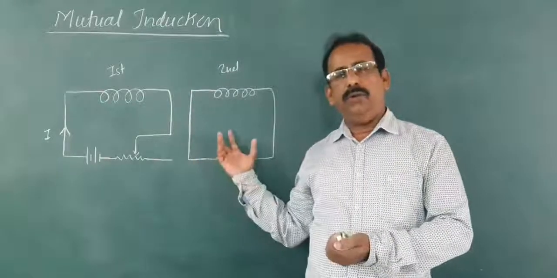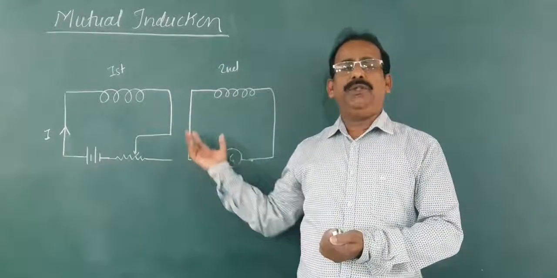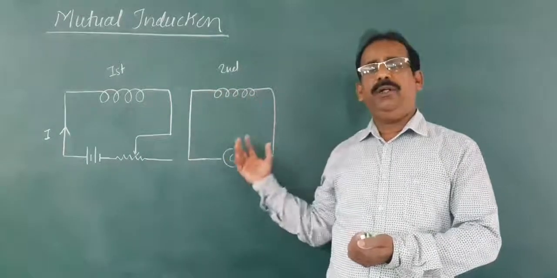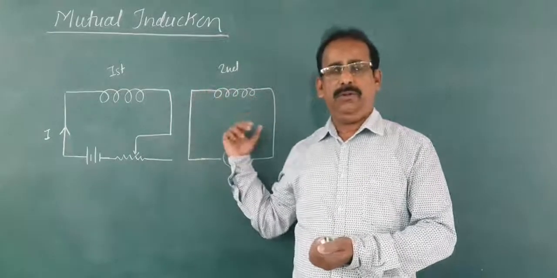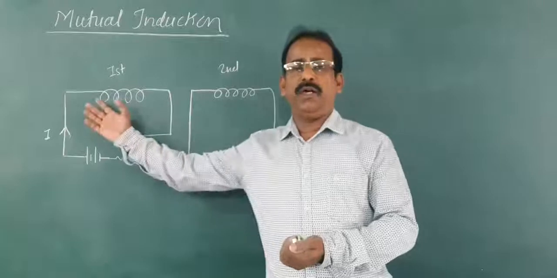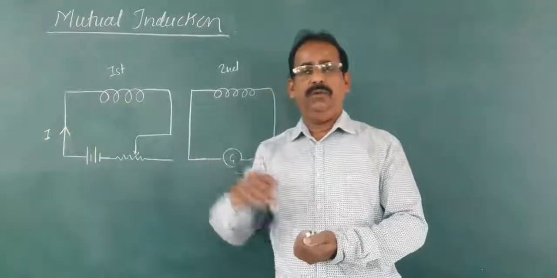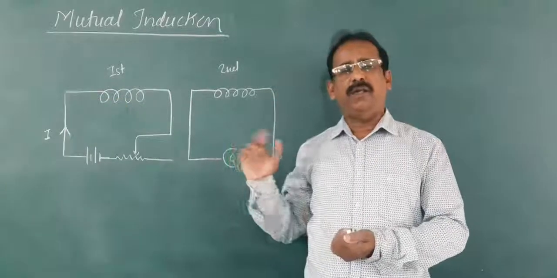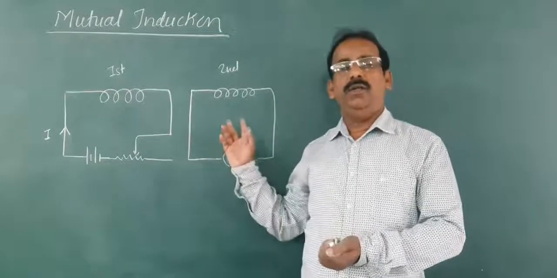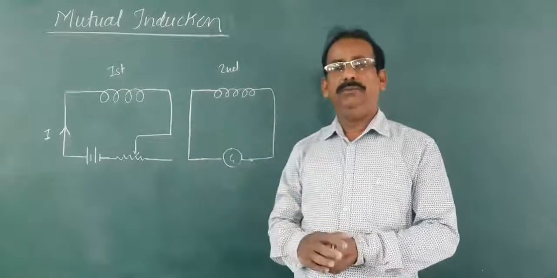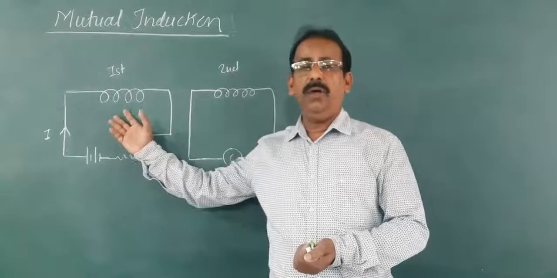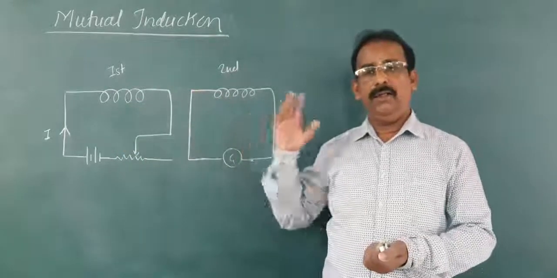And this coil in which we observe EMF induced due to the change in current passing through that neighboring coil is our secondary circuit. This coil is called the secondary coil. This is the primary coil. This is the secondary coil.